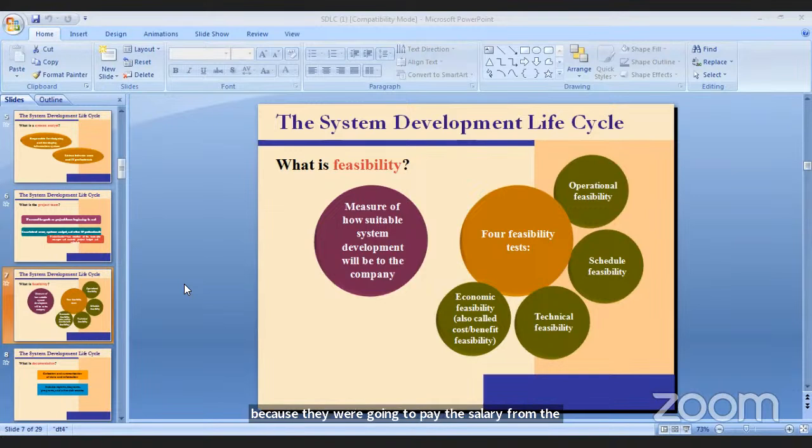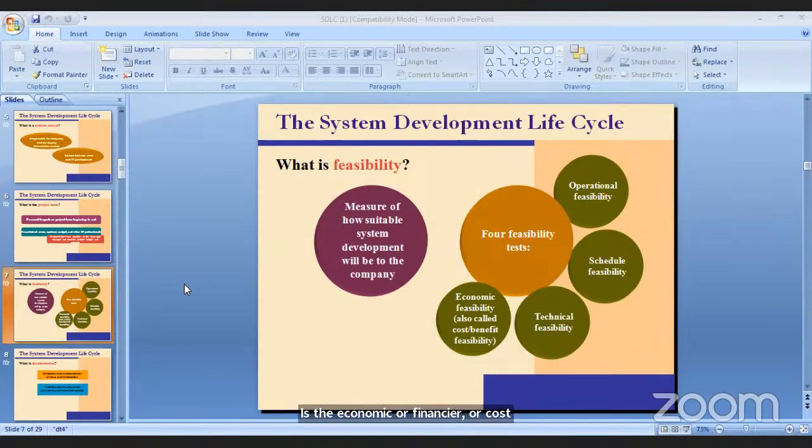So for them, economic feasibility is the topmost priority. I repeat, in any private organization, for the development of a new system, the important feasibility to be carried out is the economic or financial or cost-benefit feasibility.